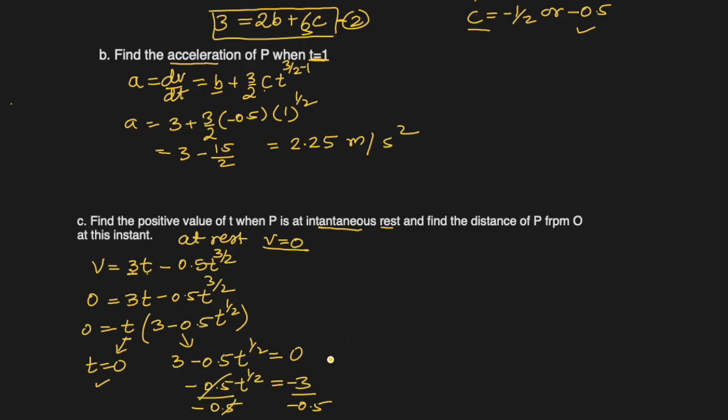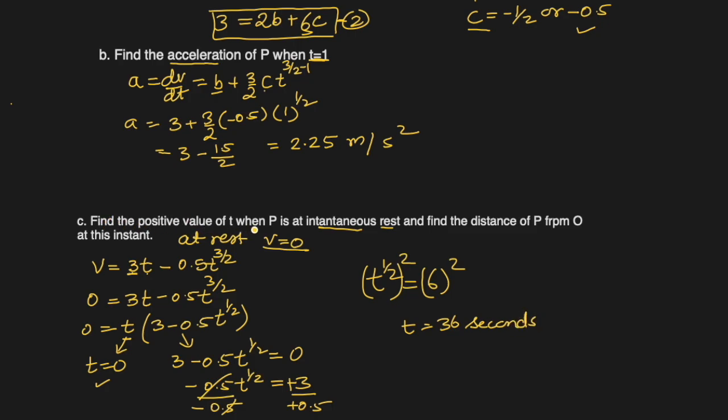The negatives cancel, and we are left with t to the power half equal to 3 divided by 0.5, which is 6. And to get t, we will have to square both sides now. So t will be 36 seconds.